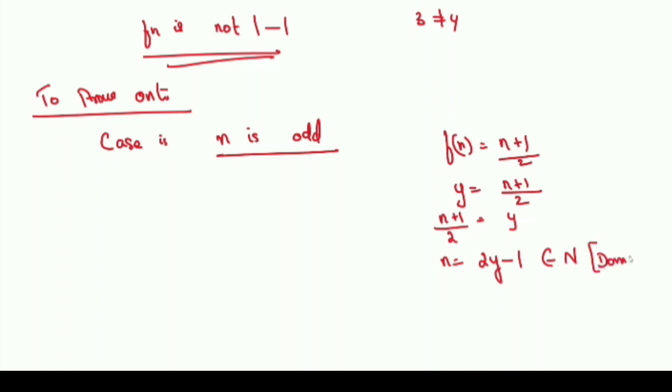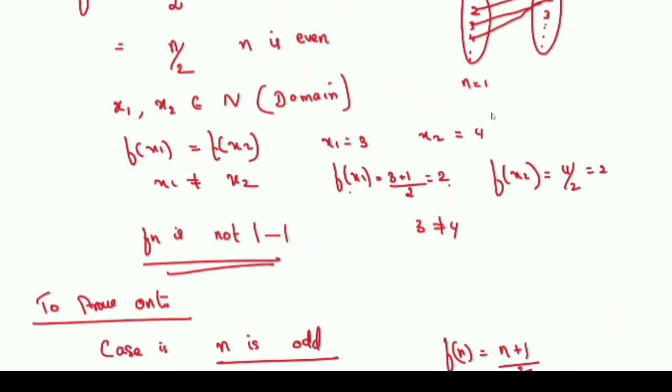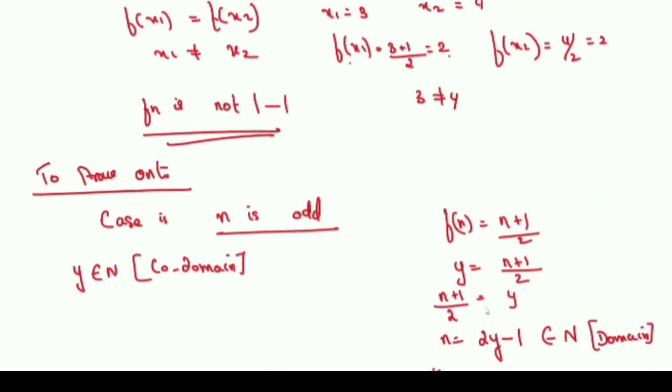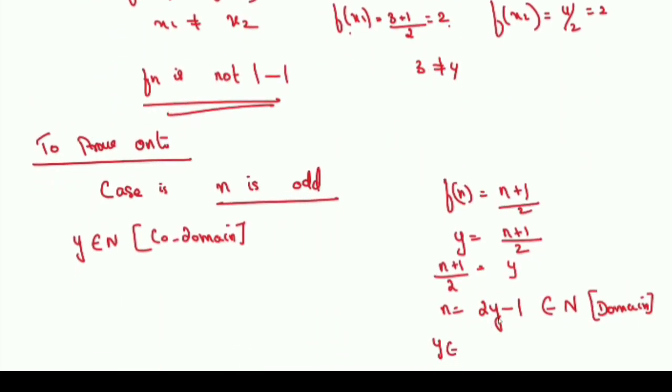Just take any number. You give any y belongs to N in the codomain. So y is starting from 1. If you put 1 here, 2 minus 1 is 1, you are getting 1. So you will get all the elements from the domain.